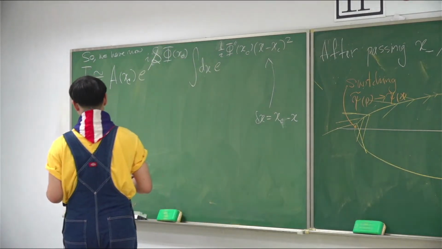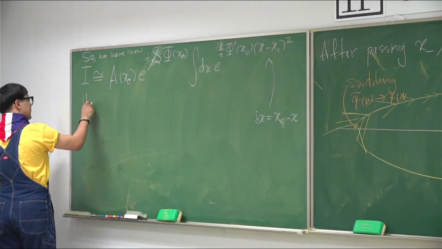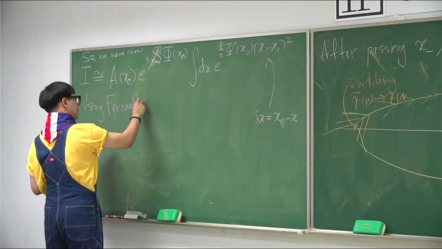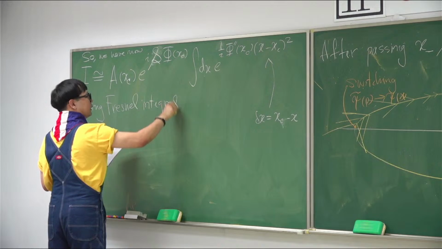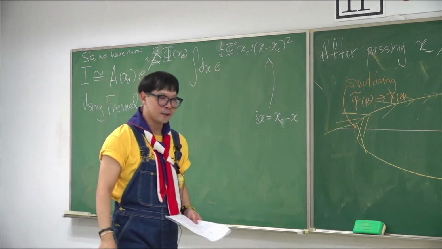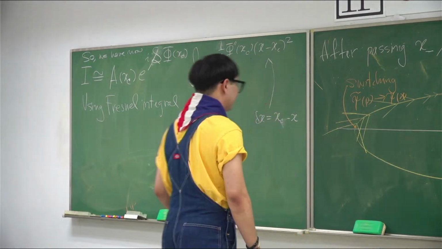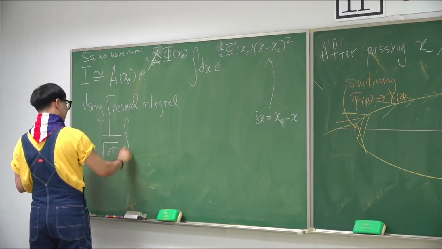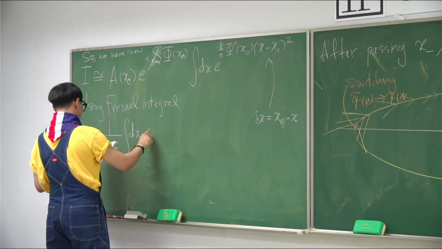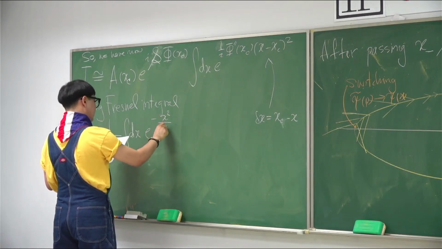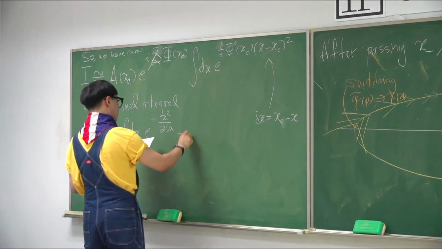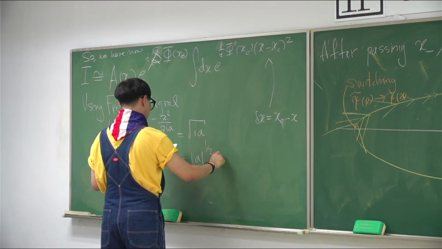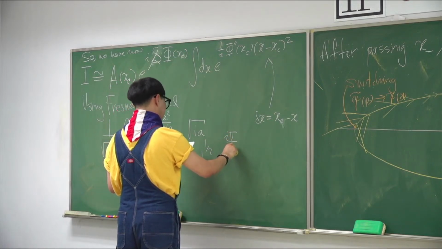So what we're going to use, we call the Fresnel integral. It's somehow kind of the extended version of the Gaussian one. Okay. You can look it up on Google by yourself, of course. So you get I(A), which is over 4.